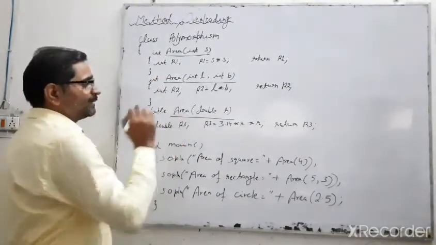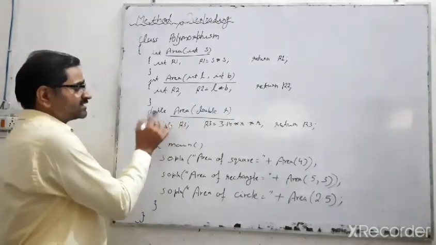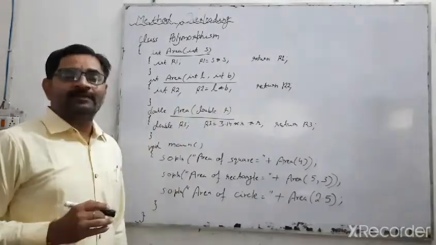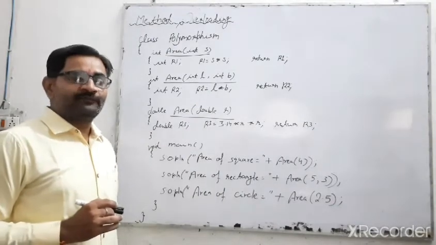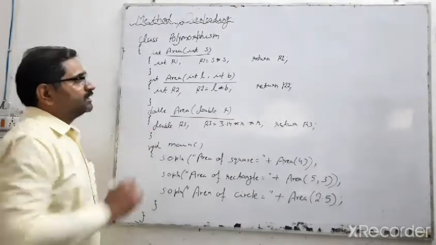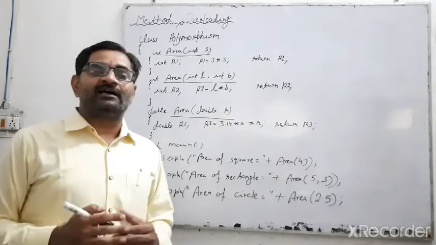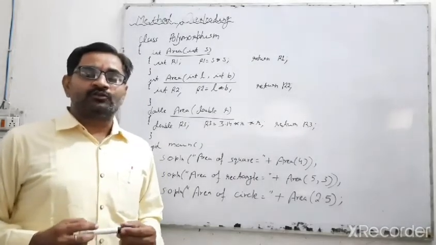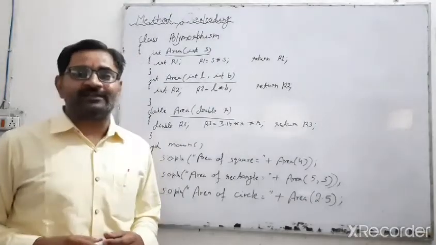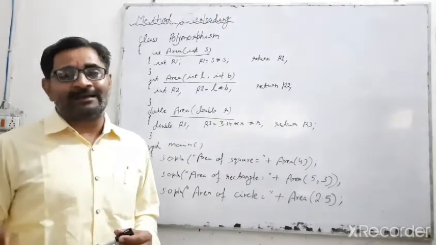Now the third method, used to calculate the area of a circle, returns a double type value, and it also contains a double type parameter r to represent the radius of a circle. So in method overloading, the methods are differentiated on the basis of the number and types of the parameters, because the method name is the same.